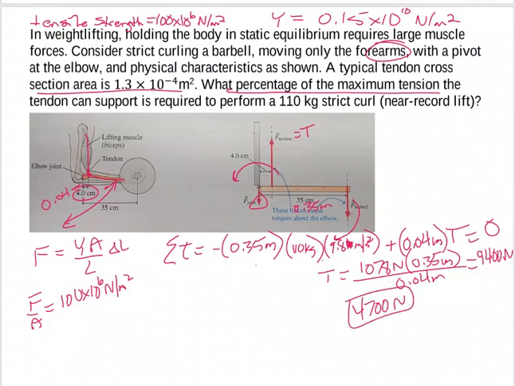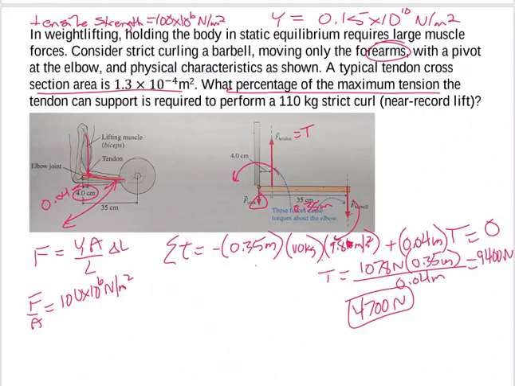Okay. Now that we know that, the force is going to be half too, isn't it? So we can find the percentage. It says what percentage of the maximum tension. So now we can calculate the maximum tension using the other formula. We have 1.3, which is the cross-section area, and we have the tensile strength.